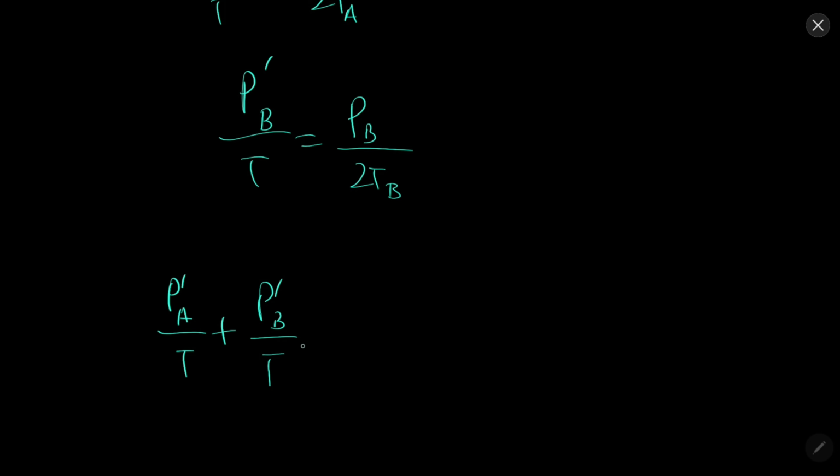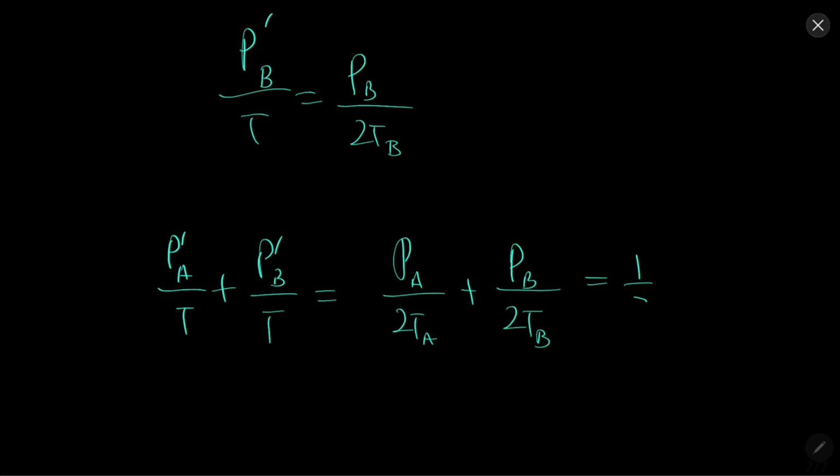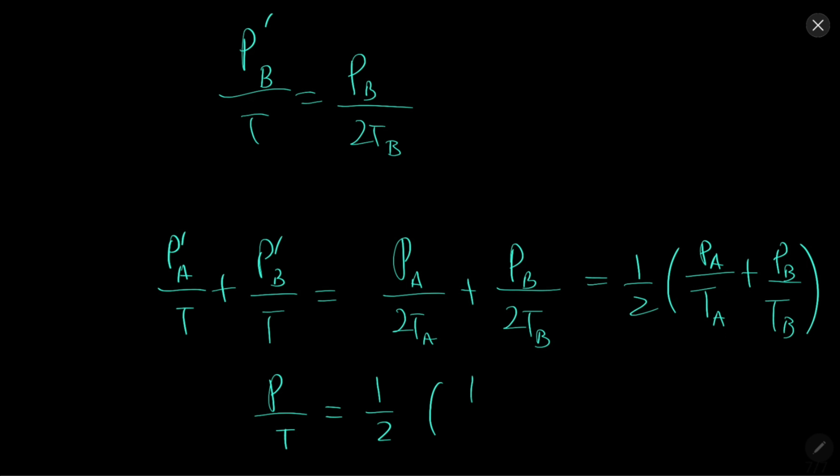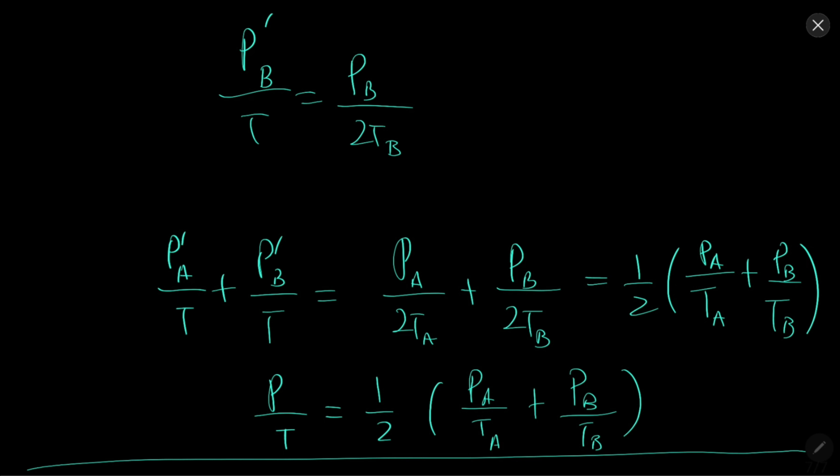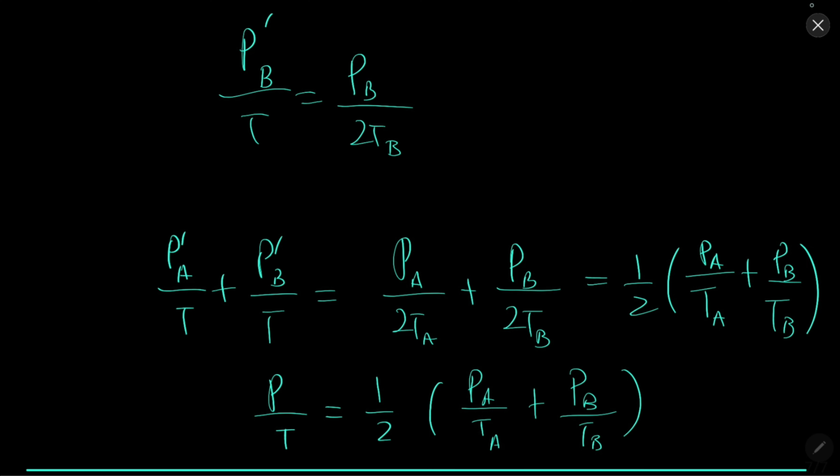We will obtain PA over 2TA plus PB over 2TB, half PA over TA plus PB over TB. So P by T will come out to be half PA over TA plus PB over TB. PA dash plus PB dash is equal to P.